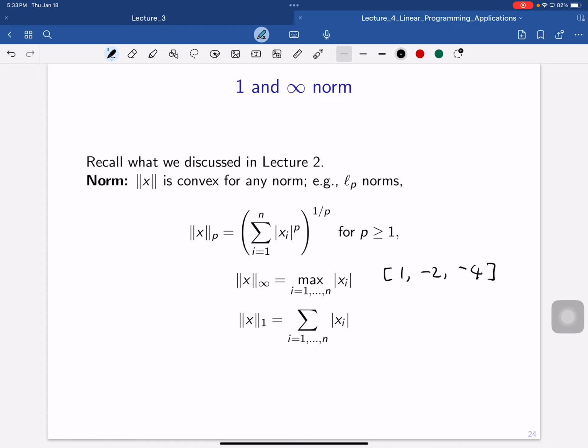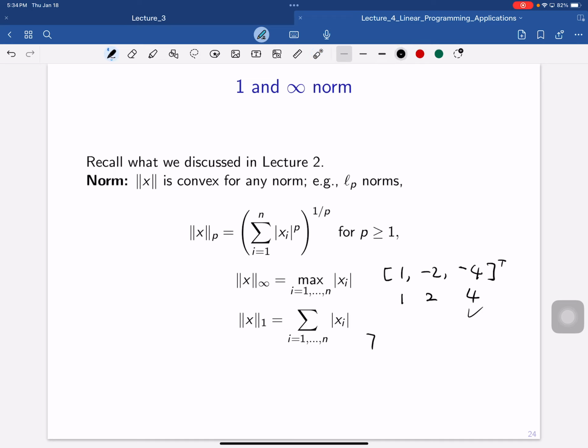What is the infinity norm of this vector? It's 4, right? You just take the absolute value of each entry, which is 1, 2, and 4. The maximum value is 4, right? And the one norm is the following. You take the absolute value of each of the entries and sum them up, right? That's the one norm. What's the one norm of this vector? 7. Yeah, that's 7, right? You just sum them up here.